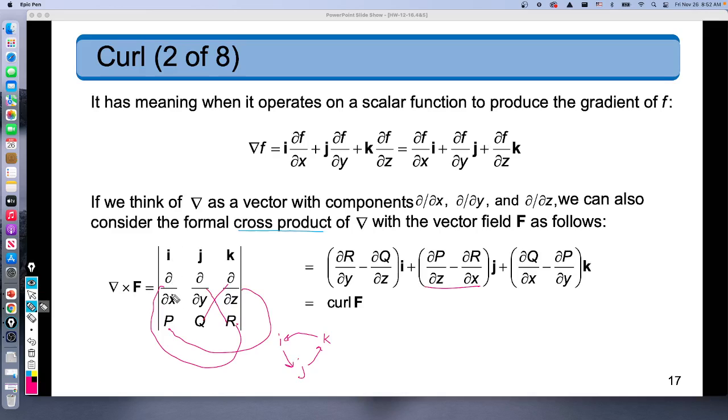The i component is the first part, so we do partial of x crossed with the q minus p crossed with the y. Okay, and again, you can just have these formulas there, but that ties us right back to when we were doing cross product stuff. Okay. And that's what we call the curl.